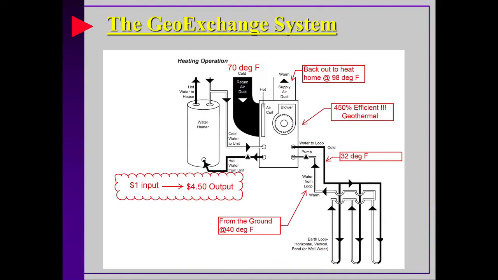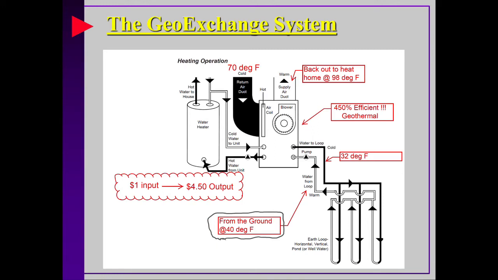This particular image is showing an example of a system, and I'm going to point out a couple little things. This is an example of a geothermal exchange system. In this particular system, we're going to take heat that's in the ground, and in this heating application, we're going to grab water from the ground coming back in at roughly around 40 degrees on this closed loop system.